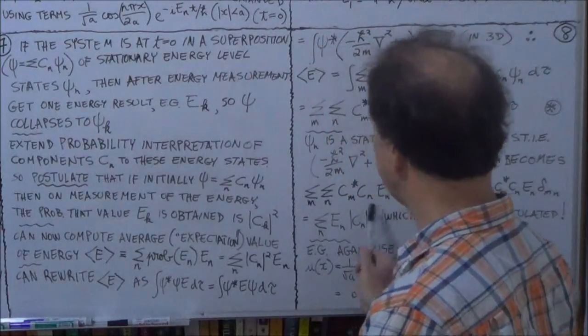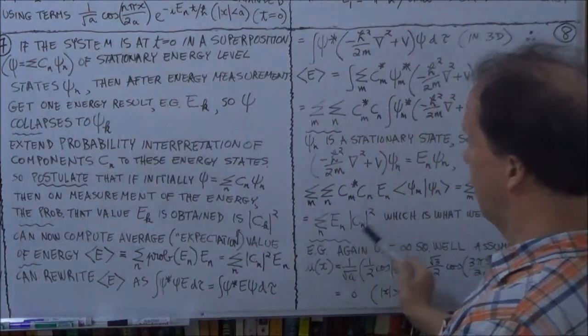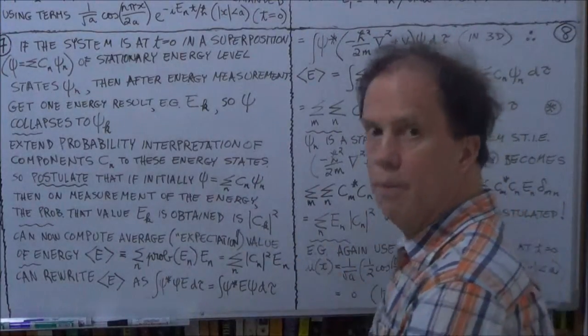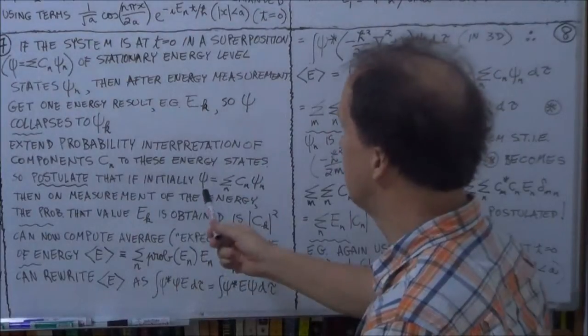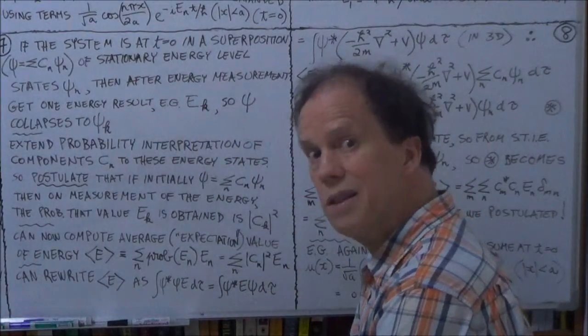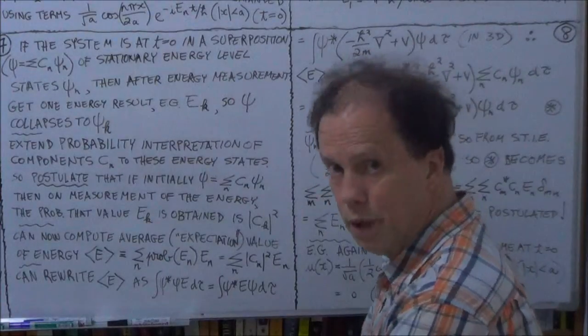So getting the same result here confirms this idea that the C squareds are probabilities of getting this measurement result. Do you follow that logic? So pretty persuasive.